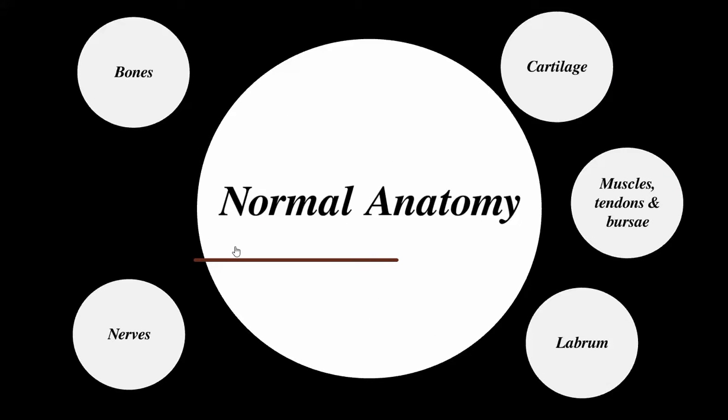MR arthrography is more sensitive for the detection of intra-articular pathology than non-contrast MRI imaging. An MRI arthrogram is where we inject dilute gadolinium into the hip joint immediately before the MRI.